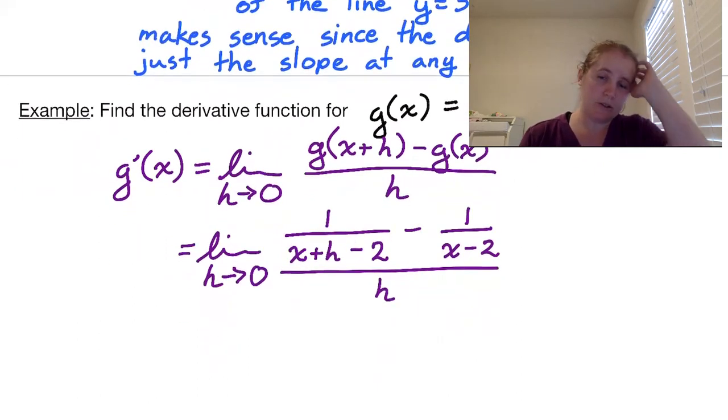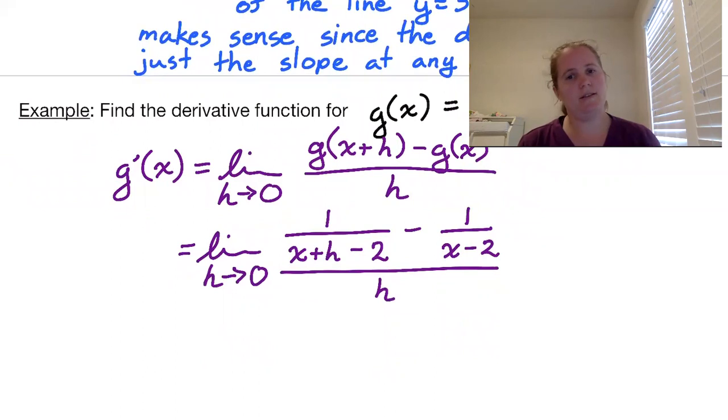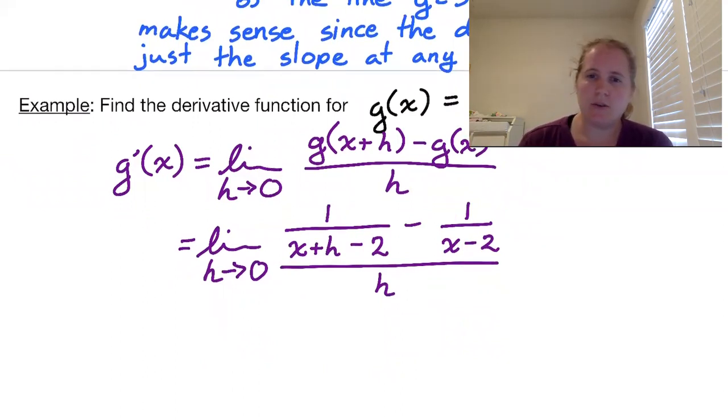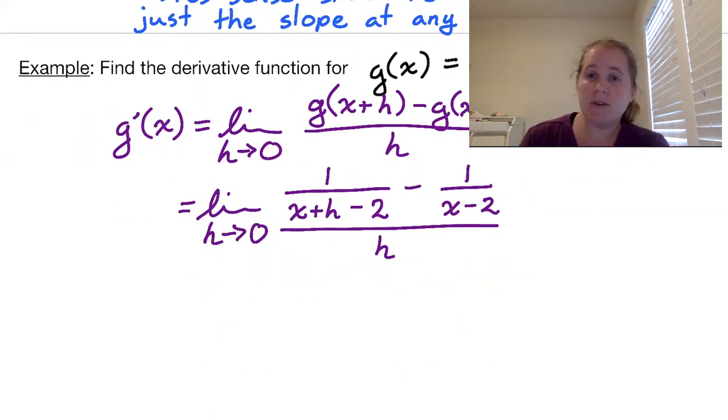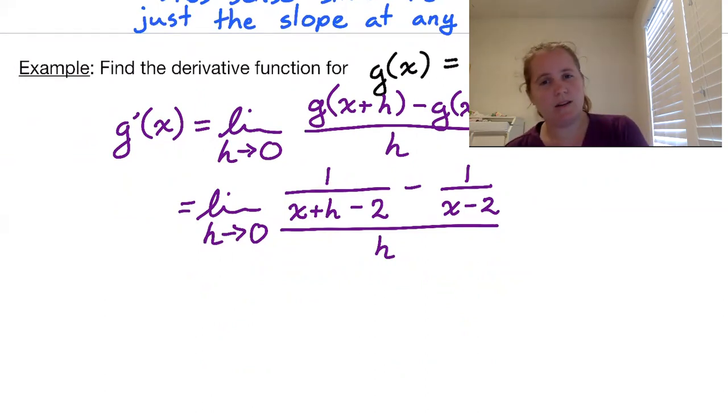Now, if we wanted to simplify this a little, we need to make it so that the numerator is all one fraction. To give the numerator a common denominator, we have two options. We can either multiply, just clear the denominators, or we can combine the fraction up top.